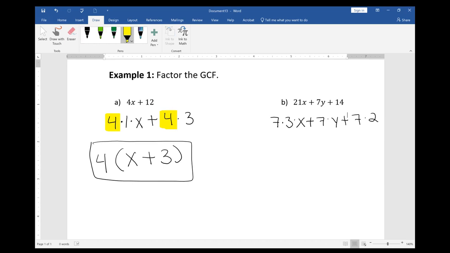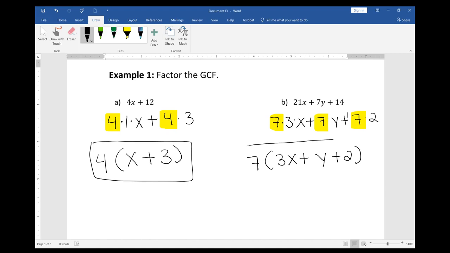And now if we analyze all three terms, we see one factor in common, and that factor will be a 7. That's what we will be factoring out. So if we factor the 7 out, we will be left with 7, open parentheses, 3x plus y plus 2.